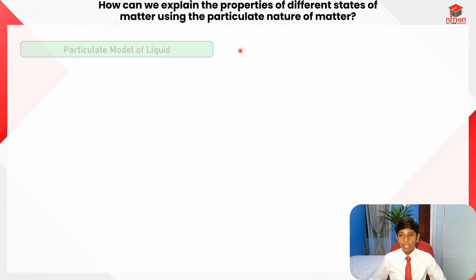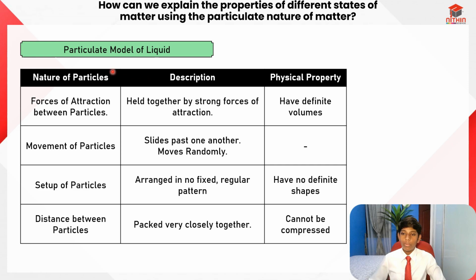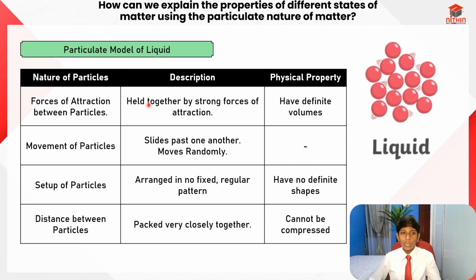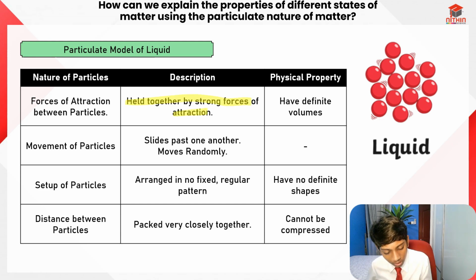Now let's take a look at the particulate model of liquid. First off, the nature of particles, basically the forces of attraction between the particles. In a liquid, they are held together by strong forces of attraction. Even solids are attracted together by strong forces of attraction, right? But for liquids, there's something different.